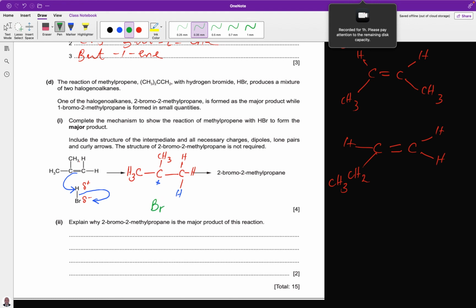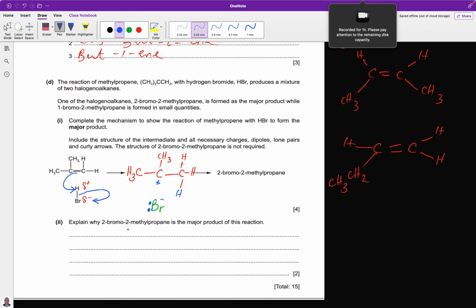This is the bromine with the lone pair of electrons, and it's a bromide ion.